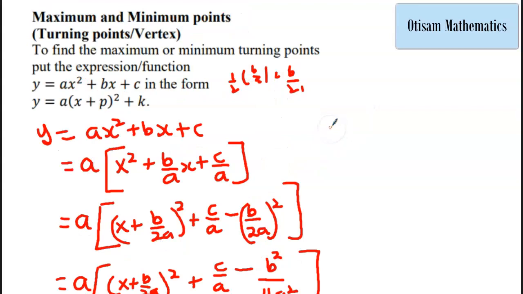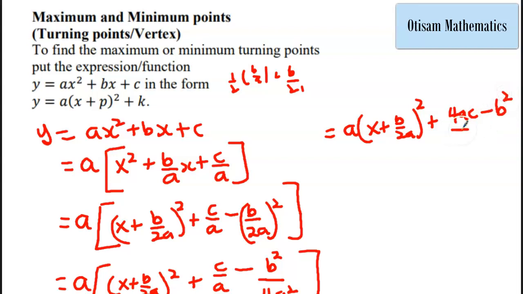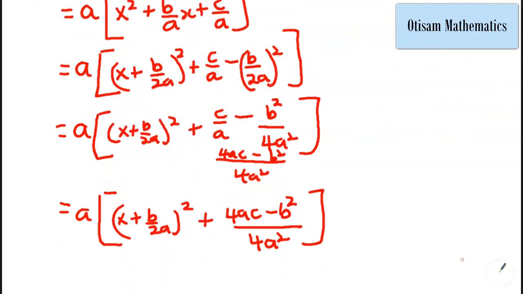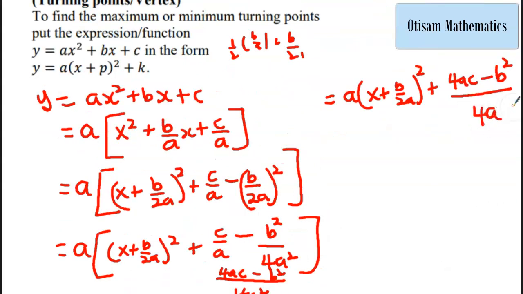So we are going to multiply: you have a times x plus b on 2a all squared plus 4ac minus b squared. One a will cancel a squared, so we have a. So this is how we complete the square, like so.